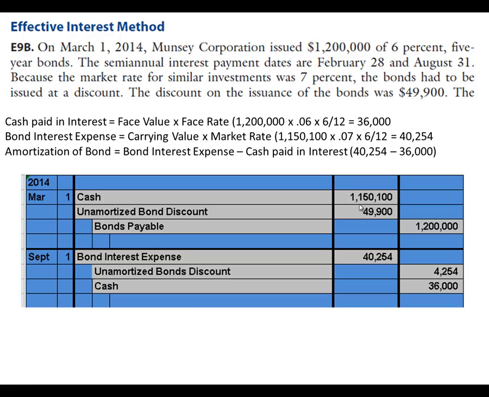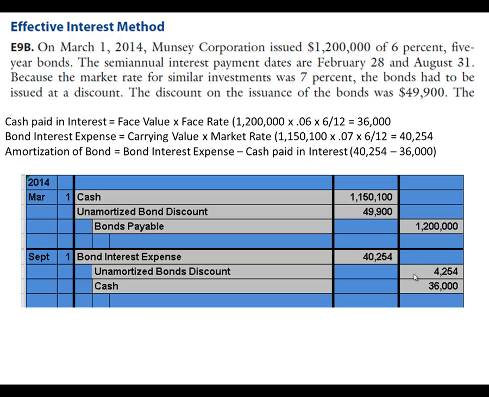So to calculate bond interest expense, we take $1,150,100 times our market rate of 7% times 6 over 12, which gives us the $40,254. That's the amount that goes to bond interest expense, and then the difference of the bond interest expense and the cash is what we credit our unamortized bond discount account for.